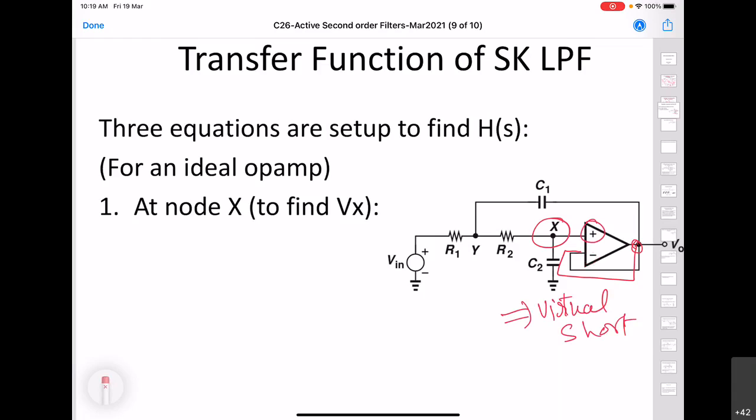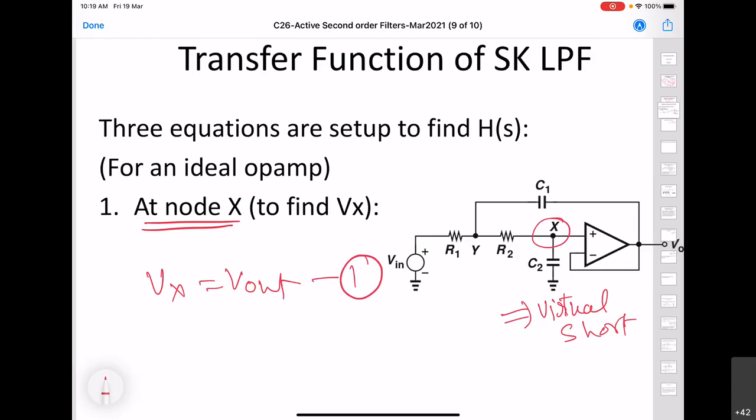So when we apply this virtual short condition at node X, this implies that Vx is equal to Vout. This is the equation 1 that we obtained from this case.